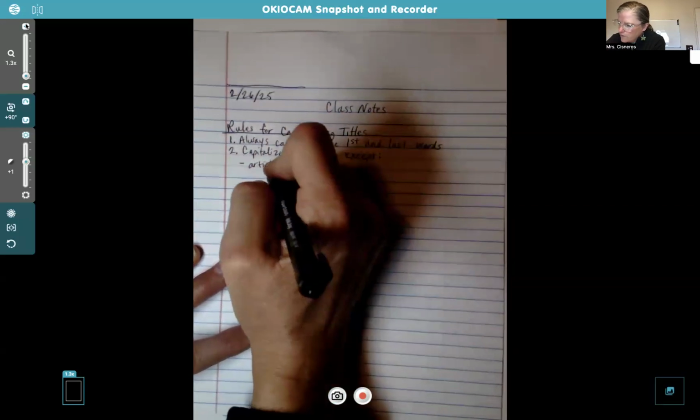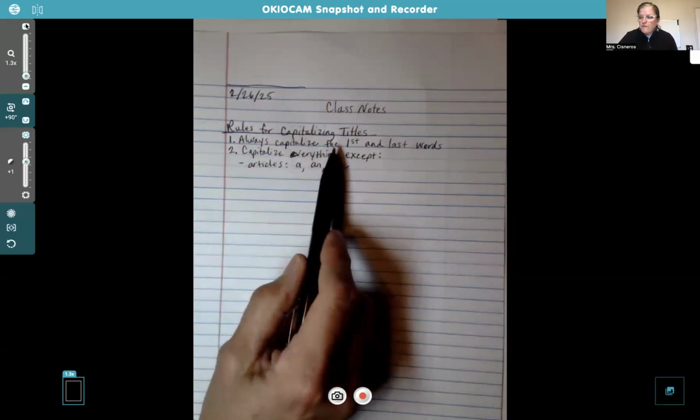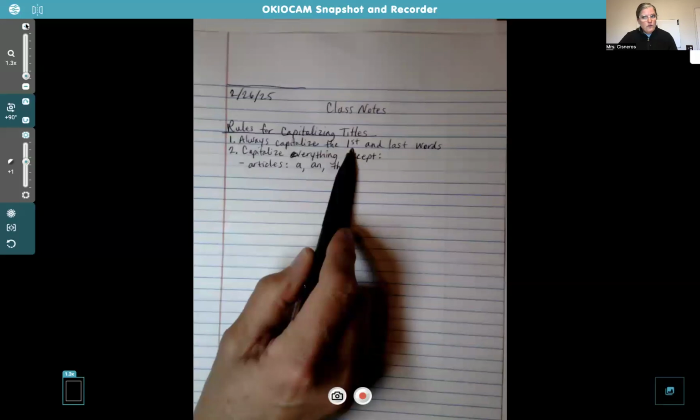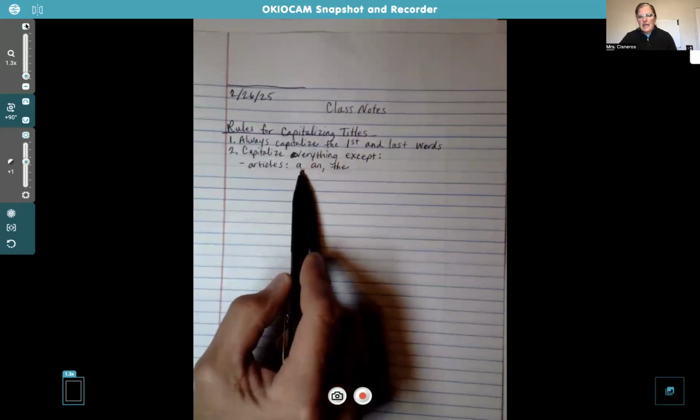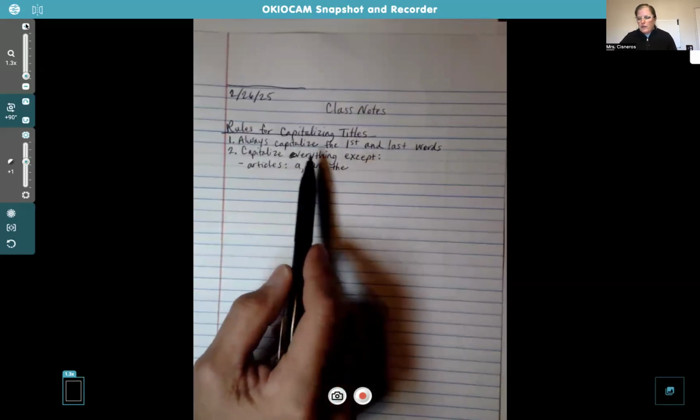We know the articles, we find those all the time in our grammar books. You don't need to capitalize any of the articles unless it is the first word of your title. The first word of your title must be capitalized, even if it's a, an, or the. But if a, an, and the are in the middle of the title, then you don't need to capitalize those.